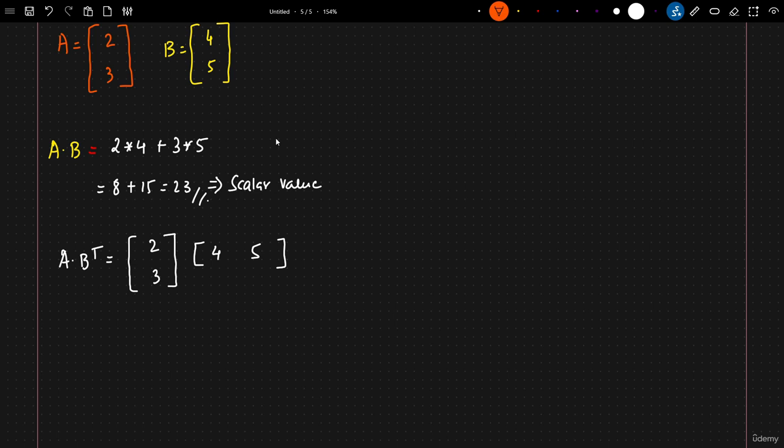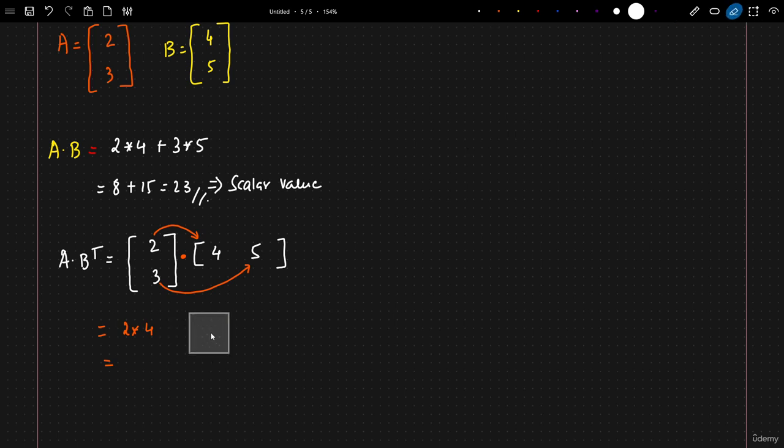And then when we do the dot product over here, this will get multiplied by this, and this will get multiplied by this, and we'll do the summation of those values. Usually in most use cases, whenever we need to do the dot product, we really need to transpose one of the vectors. So this will be 2 multiplied by 4 plus 3 multiplied by 5. So this is also one way of representation that we specifically use.